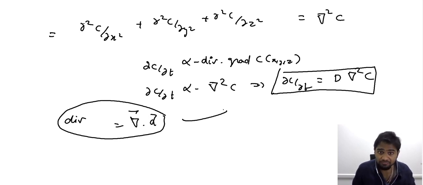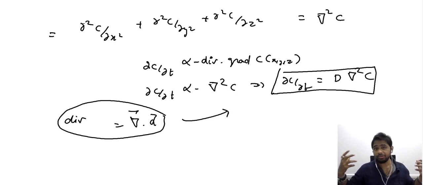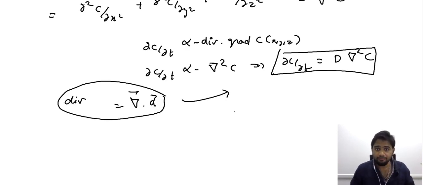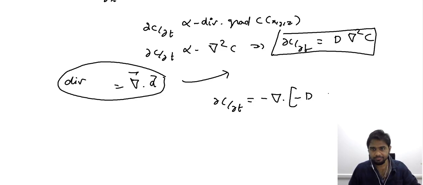Now in the context of Fick's law, since Fick's first law has already yielded us a vector in the form of a flux, the accurate way of writing Fick's second law is in this manner, wherein we have minus, dot product of minus D, and C of x, y and z.